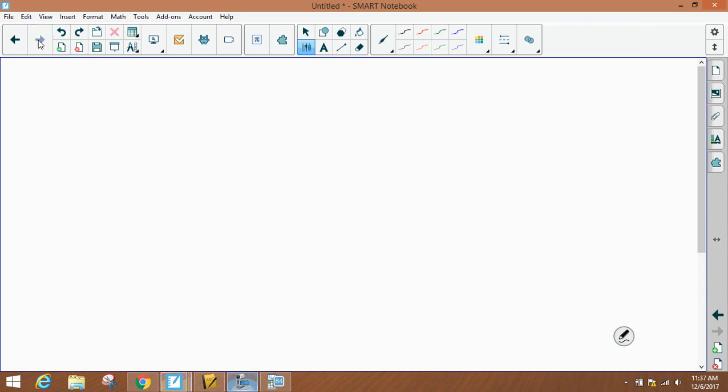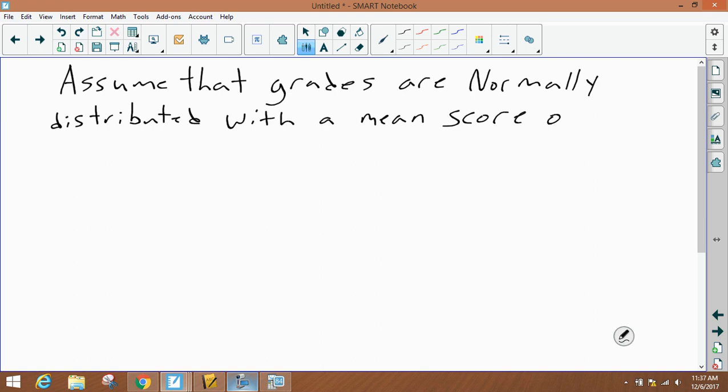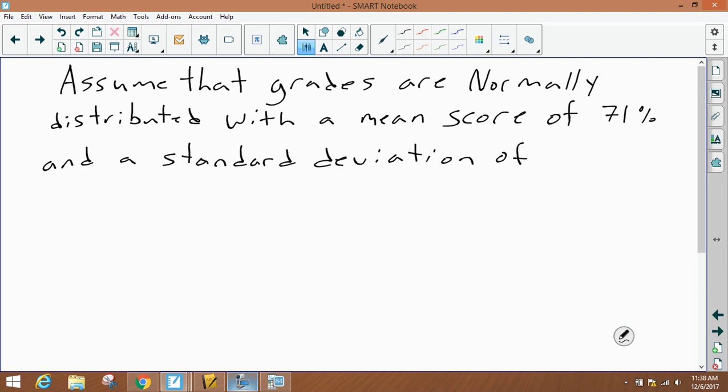All right. So, let's assume that grades are normally distributed with a mean score of, let's be realistic, 71%, and a standard deviation of 3%.